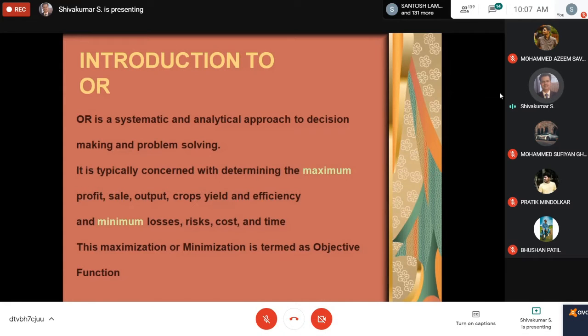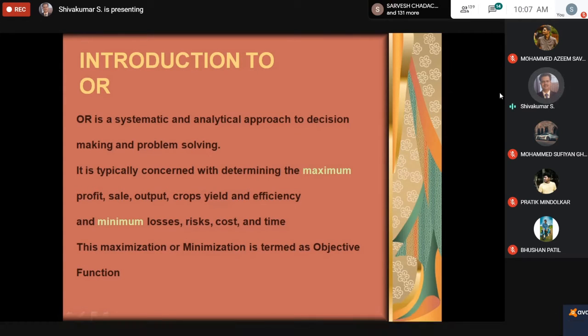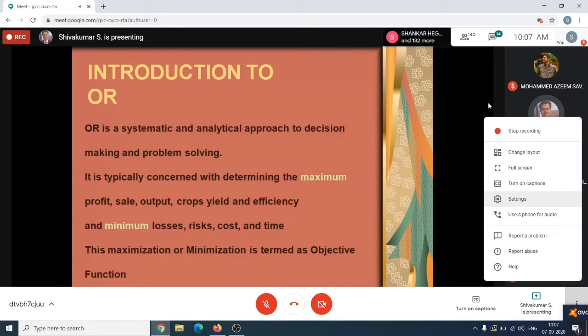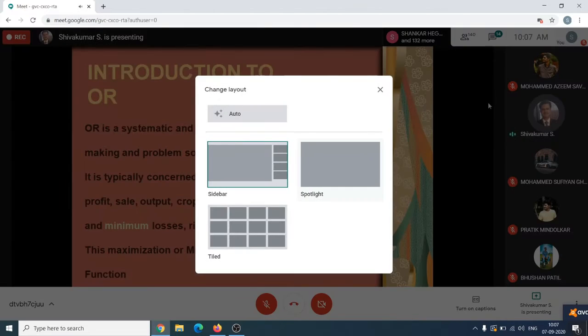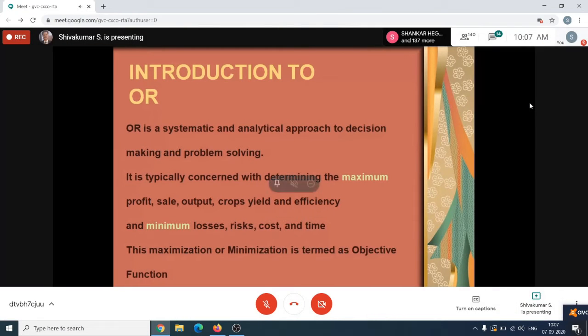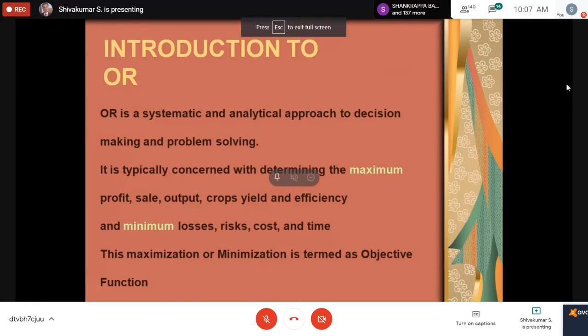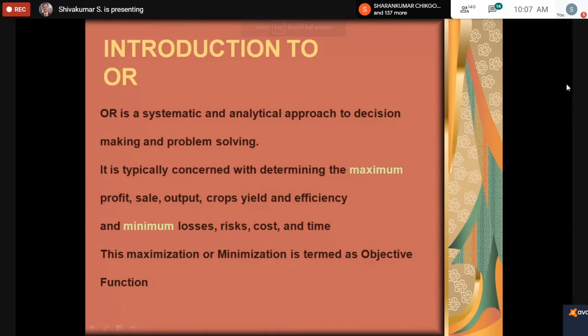I'm going to explain this when solving problems. Mainly, we are going to focus on the objective function of linear programming problems, LPP, wherein we are trying to achieve two things, either maximization or minimization. What can you maximize? Maximize the profit for the organization, the sales, the output, or the crops, that is yield improvement, or you can improve the efficiency.